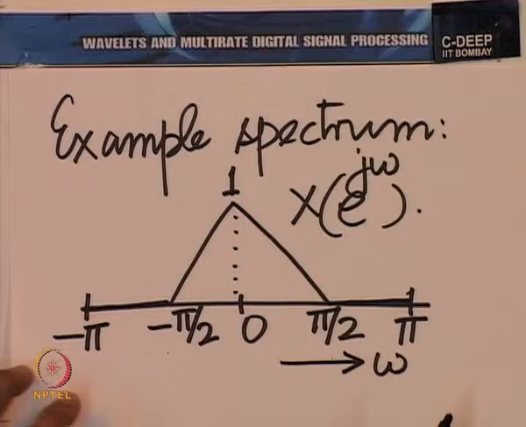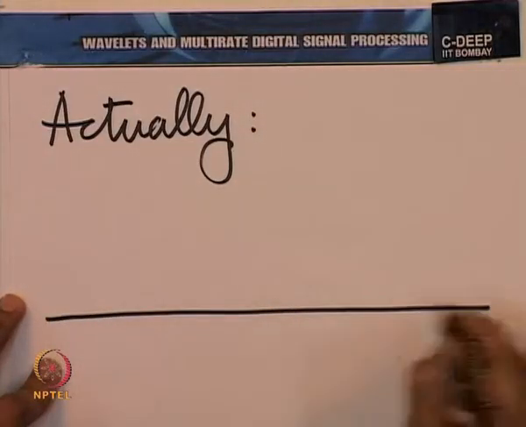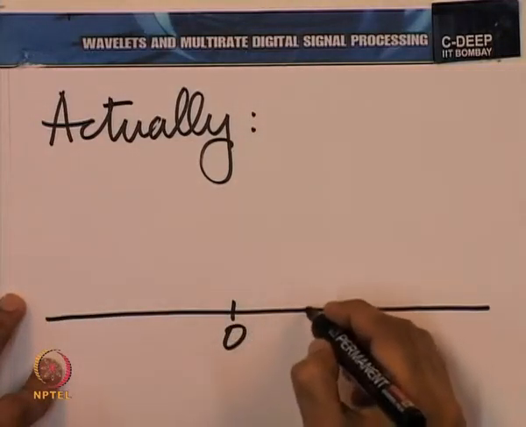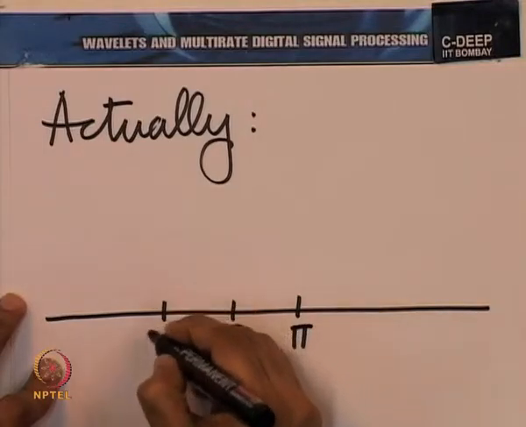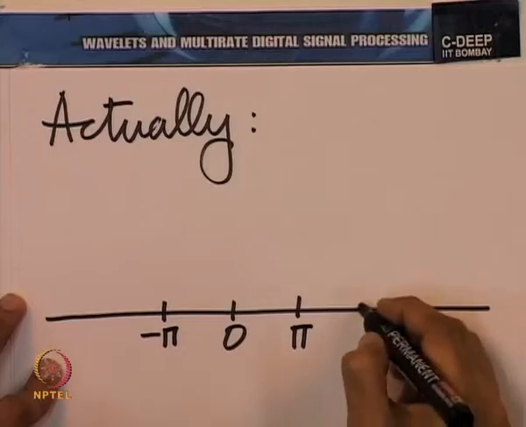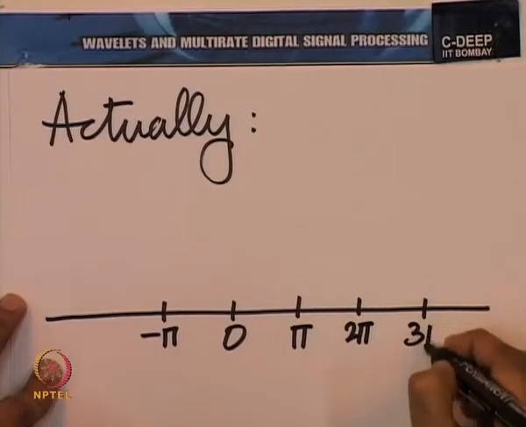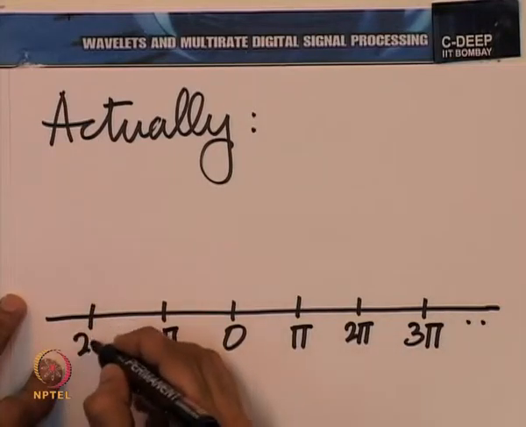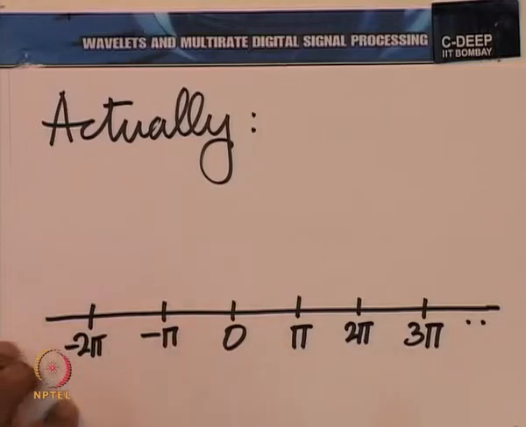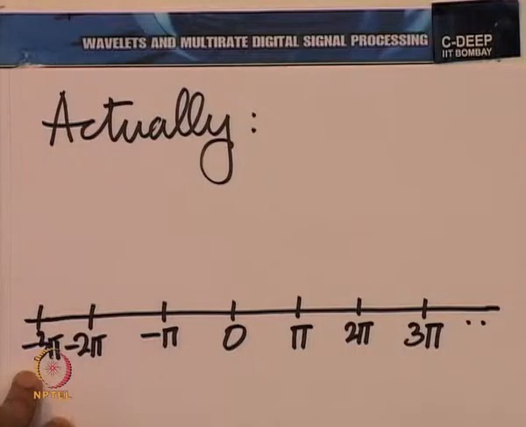So, recall that actually this is what X of e raised to the power j omega is. We will do a bit of zoom here. All right.